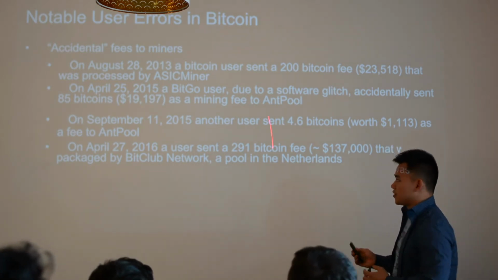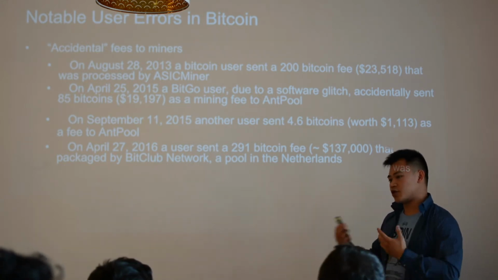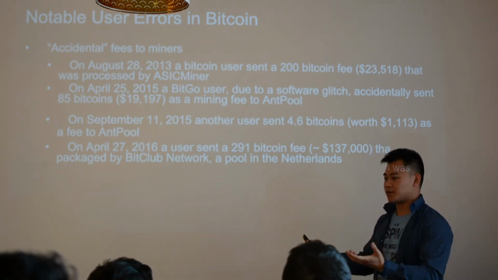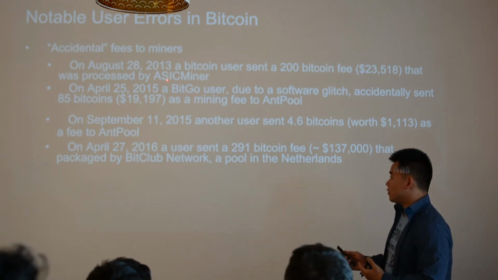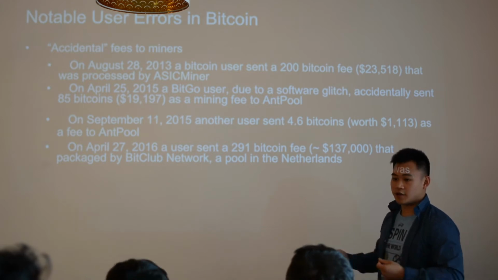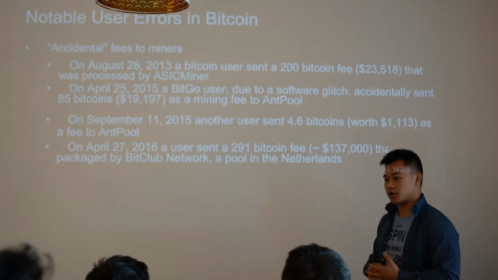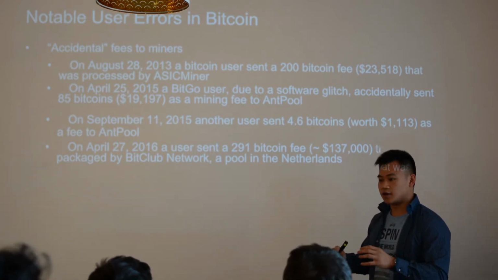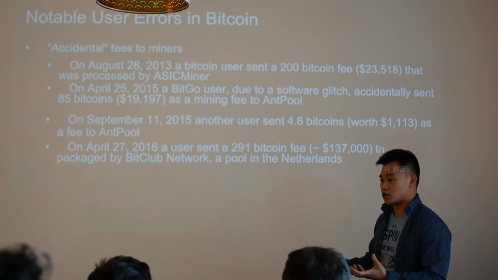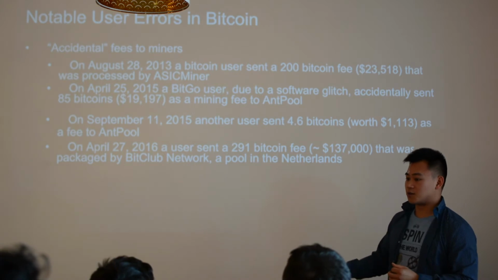What happened in all these cases was that through social media, these users publicized their mistake, and the responsible parties that processed the transaction actually refunded the fees back to the users. But this was not a governing system built on top of the blockchain. This was just reaching out to individual miners to correct these mistakes.